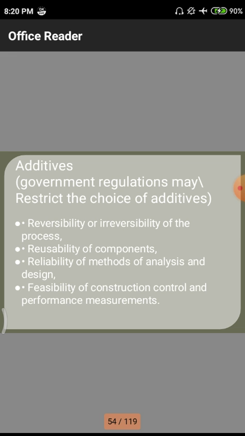Next one is the reusability of the components. We have a huge amount of construction waste coming from the construction industry, and a huge number of structures after the lifespan is over. Suppose a bridge was constructed 100 years back, and the lifespan of the bridge is 90 years.